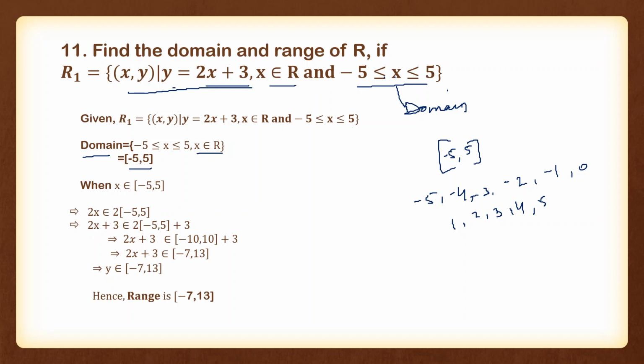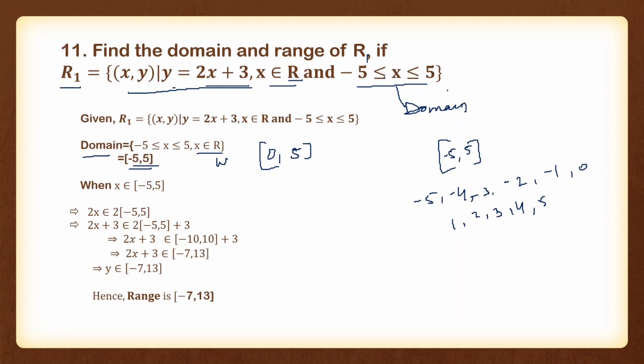It should be R1 for the relation, so that we can distinguish the real numbers R from the relation R1. Both are different, because R1 represents the relation and R represents real numbers. Since it is a real number, we can include negative values and fractions. If it were whole numbers, then the answer would be 0 to 5. So we have to be careful about the conditions.